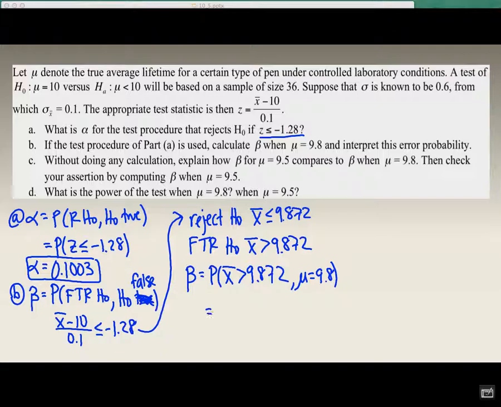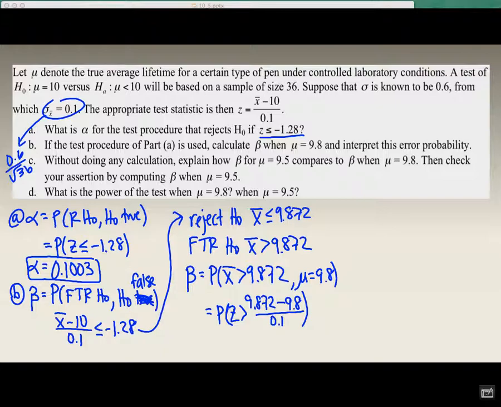So we're going to have to change this into a z-score. We get 9.872 minus 9.8, because that's the true value of mu, and then it tells you that the standard deviation of the sampling distribution is 0.1. Do you guys realize that I'm not dividing by root n because that's what they already did? That's how they got this value: 0.6 divided by the square root of 36.